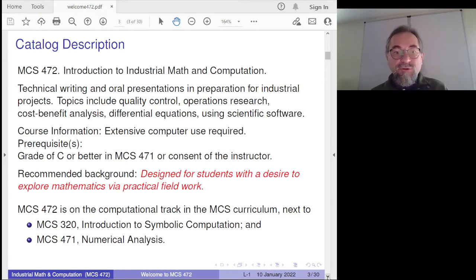So 472 is the third course on the computational track, following numerical analysis, and numerical analysis here follows also symbolic computation. What's the central problem in symbolic computation? Well, the expressions are starting to swell, and we may end up with several expressions for the same thing.